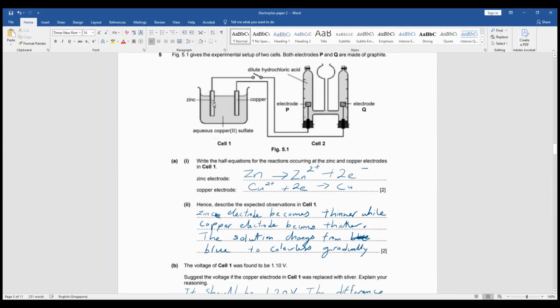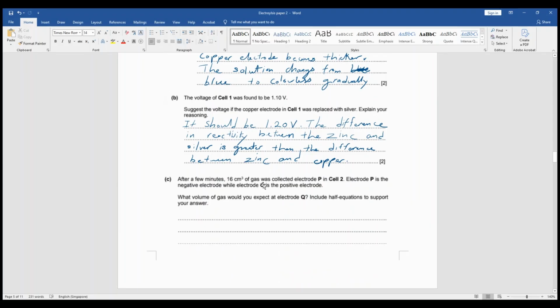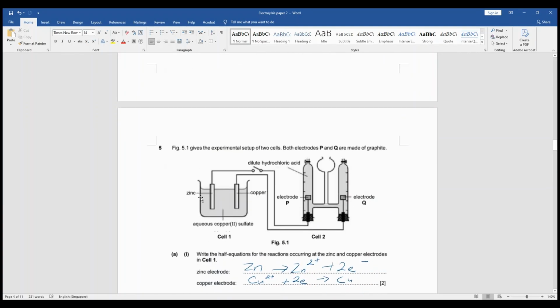Electrode P, let me see. I just want to make sure. Now, it's quite nice, they actually tell you that it's the positive and negative, but let's just say they never say. Zinc actually gives out electrons, so electrons will flow in this way. P will receive electrons from zinc, go through one whole round of the liquid, and then Q will transfer the electrons back to the copper.